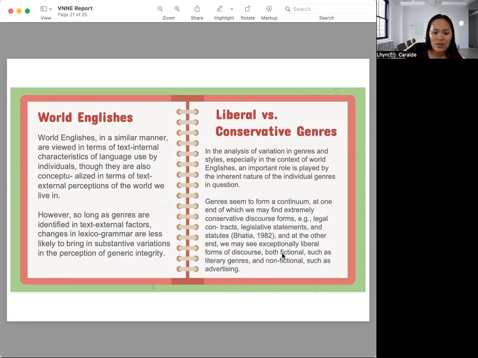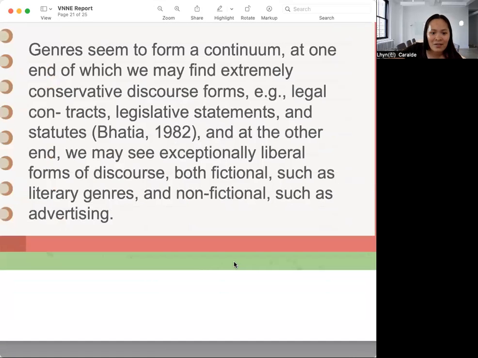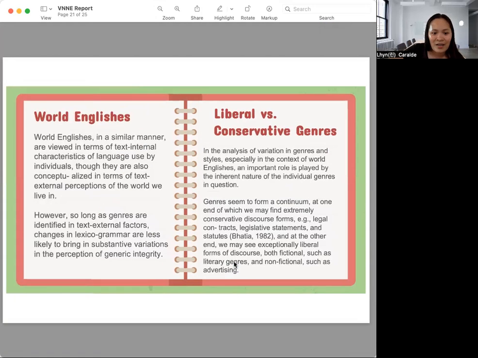So for fictional, we have the literary genres, and for non-fictional, advertising. That is why we use formal English for the liberal, and then for the conservative genres.